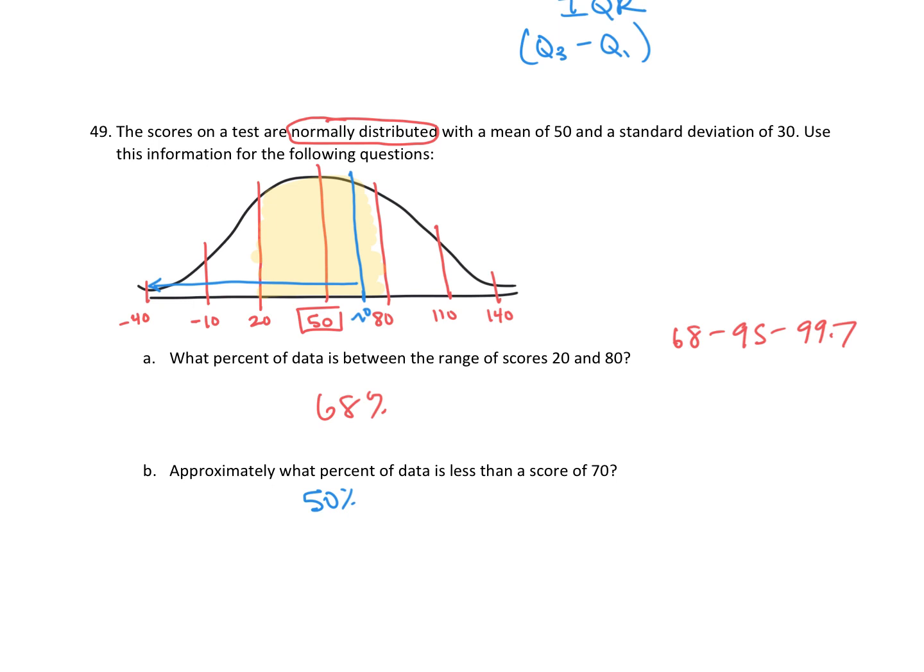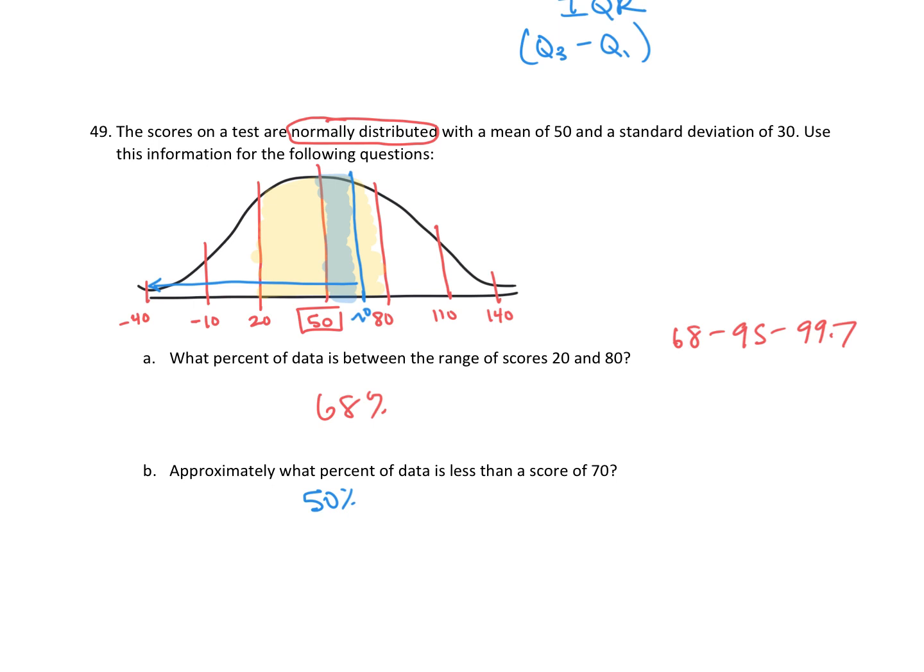But then we have this part, let me see if I can highlight it in a different color. Then we have this percentage right here to add on to the 50%. So from 50 to 80, that's 34% of the data. So it's not quite 34% of the data. It's going to be a little bit less than that.